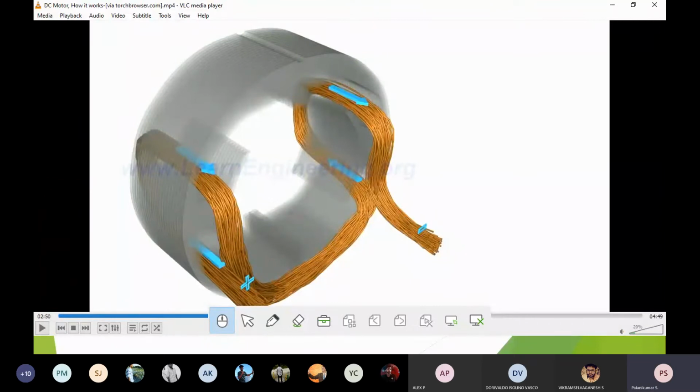The need is that I can have my desired strength of electromagnetic field. If I want a very high torque, I should provide a very strong magnetic field. This is possible only by means of electromagnetism. So now instead of the stator being a permanent magnet, I am making a stator coil, that is, an electromagnet.